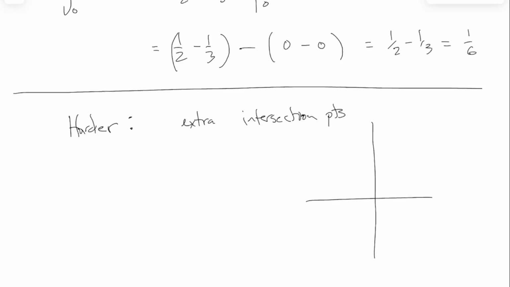Let's say I have one function like this. This is y equals 2x plus 1. And then I have another function, y equals negative x. And I want this shaded region here. This is 2.